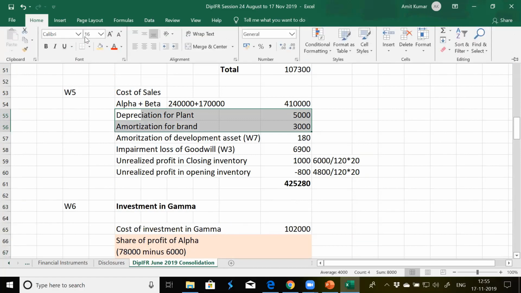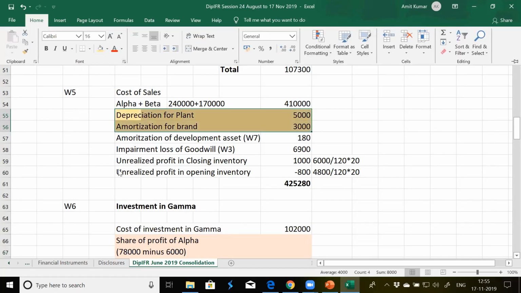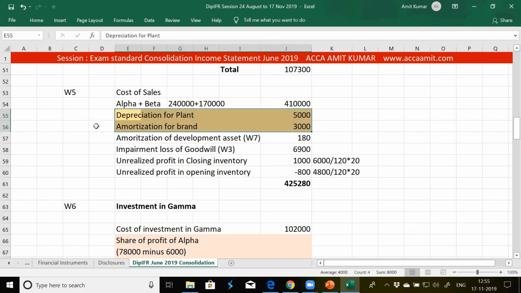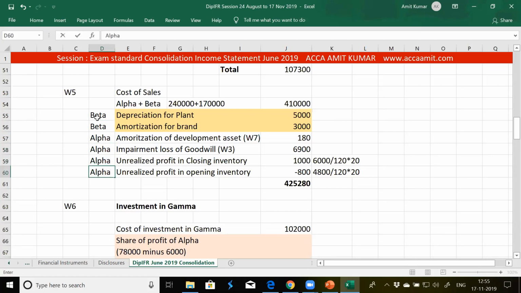These two adjustments, beta, this is an adjustment belonging to alpha, and alpha.